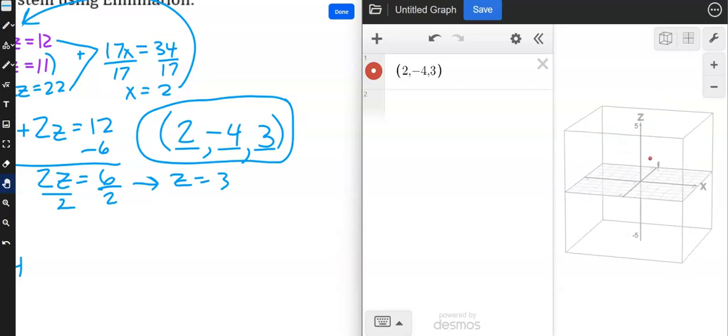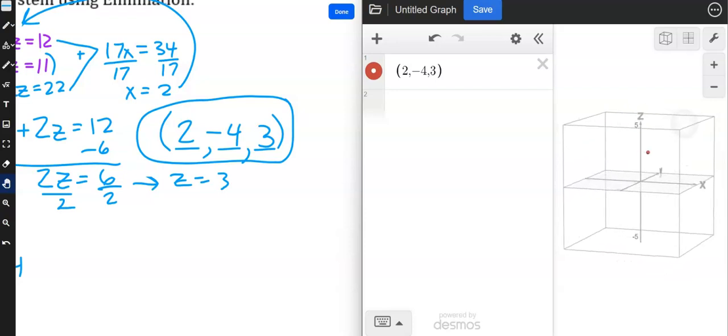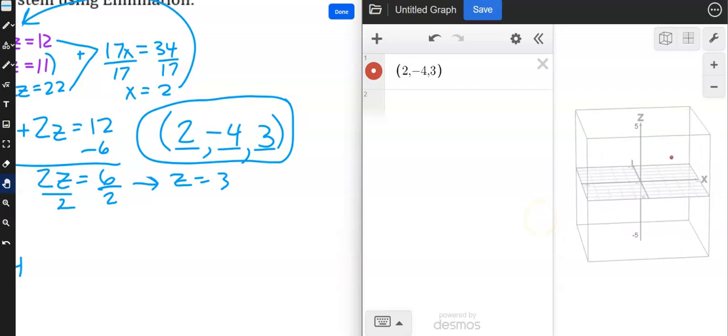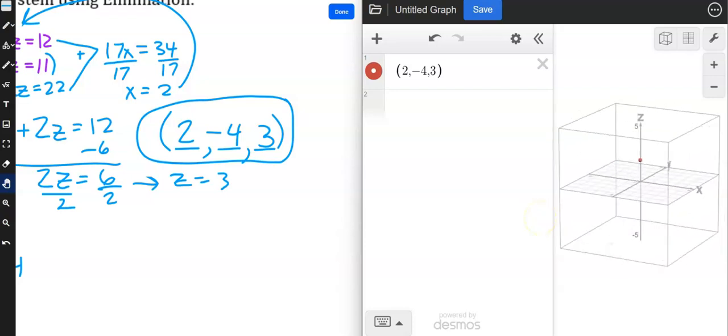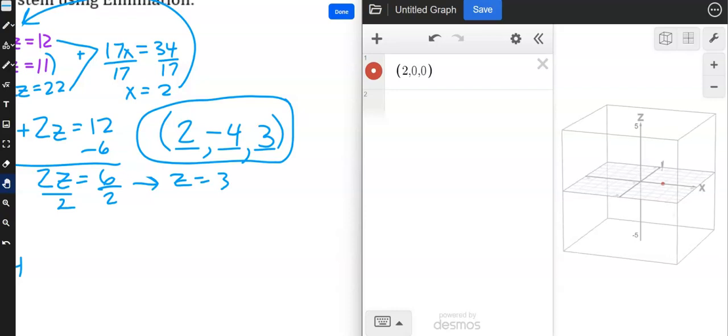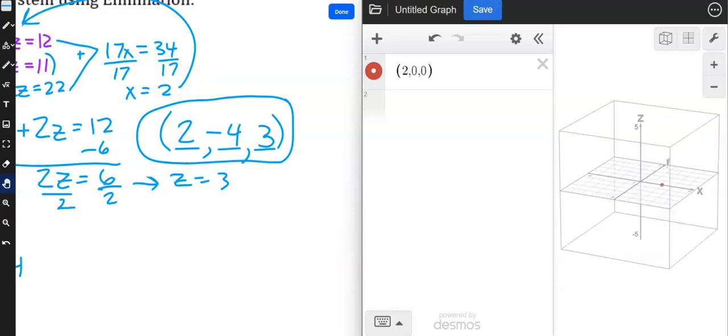And you could see, and maybe I should have done that from the very beginning, to show you what's going on here. Don't stop spinning. Got to show these kids what's going on. So, try that again. I've got (0, 0, 0). You can see that that is just on the x-axis only. Okay.